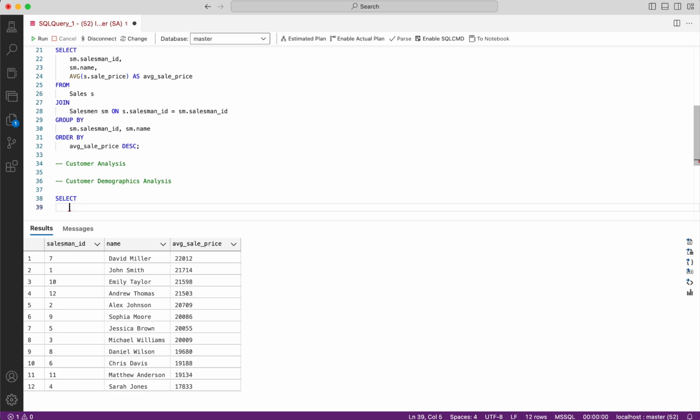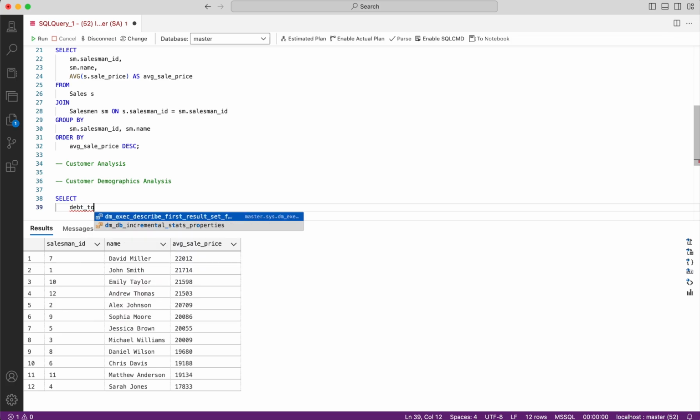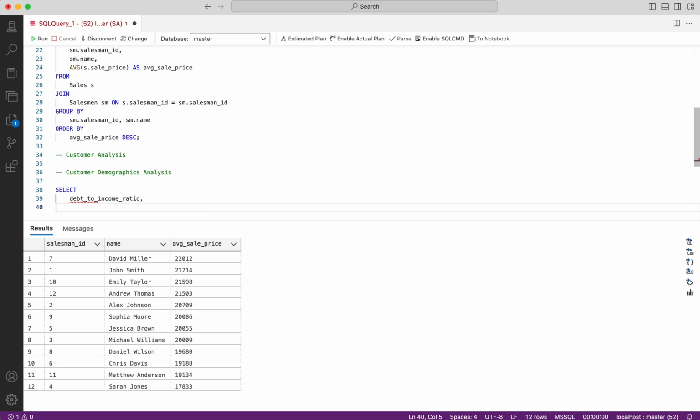We want to see an average credit score, an average annual income, and the total number of customers associated with these three calculations. Okay, let's see. Debt to income ratio.